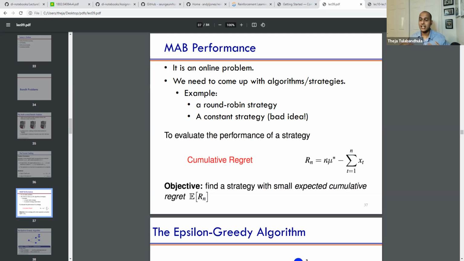The best thing you could do is try A, but you can only do that by getting lucky. If you don't know the mean rewards of each of the decisions and you want to try A, you just have to guess at A and take it. But with a good chance you'll not do that, right?